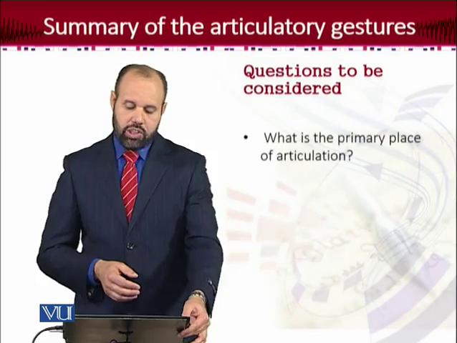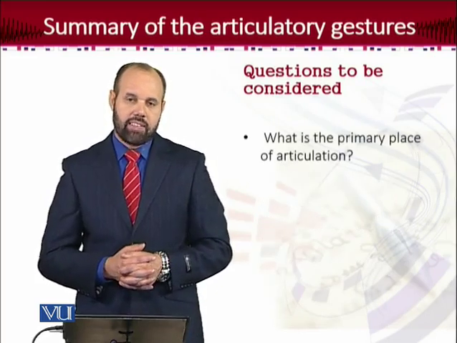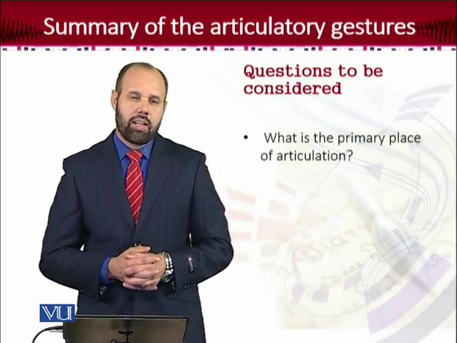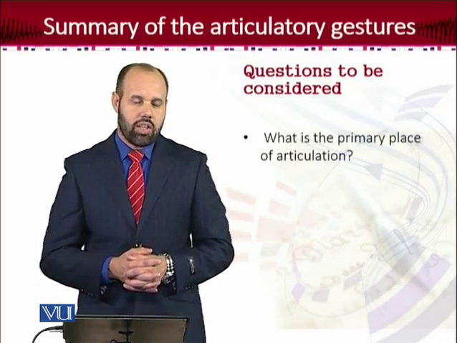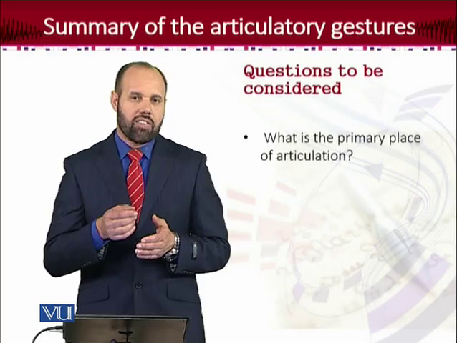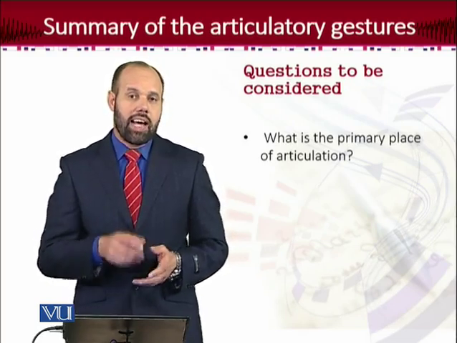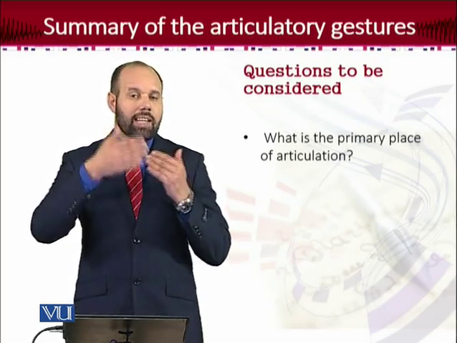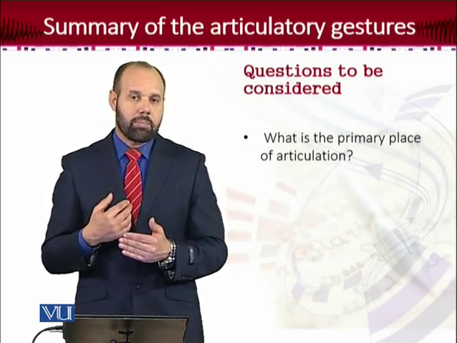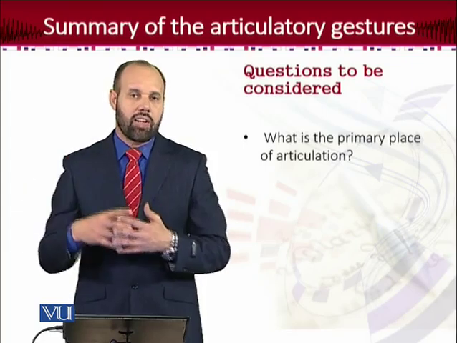And then the fifth question is, what's the primary place of articulation? For example, the alveolar ridge is the primary place of articulation, the target area for the production of the speech sound. But there could be some other possibility, that some secondary articulation may be involved.